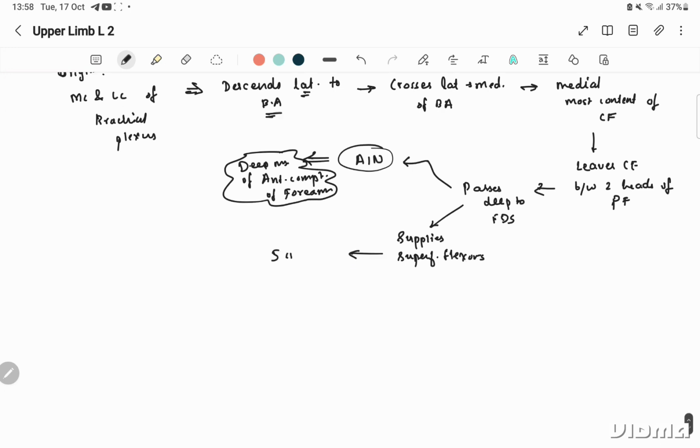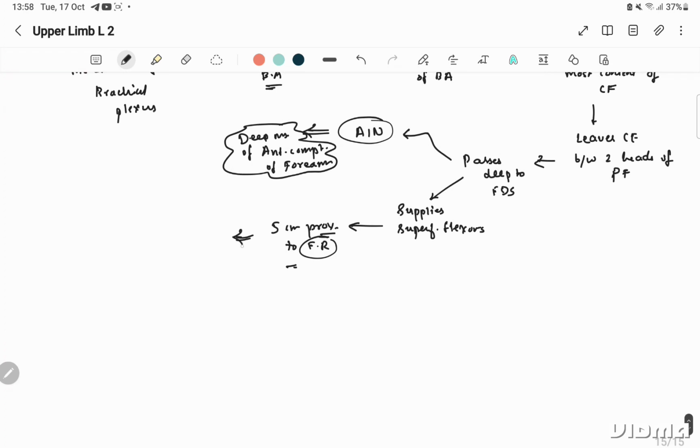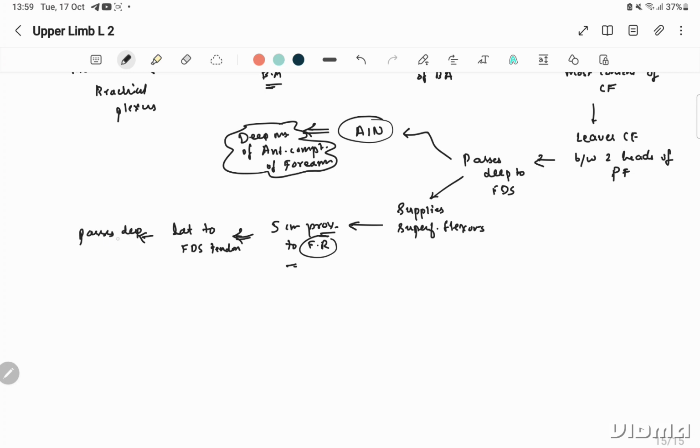It passes 5 cm proximal to the flexor retinaculum, superficial to the flexor retinaculum. Okay, then it emerges lateral to the FDS tendon. Then it passes deep to the flexor retinaculum.